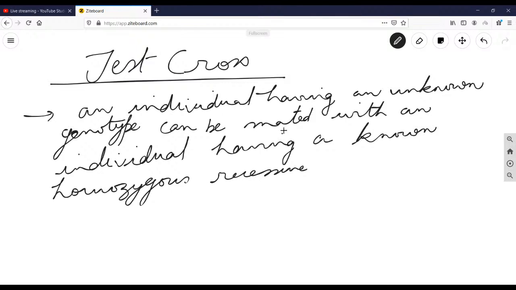That is why a test cross is done, in order to find out the unknown genotype. So, testing for unknown dominant phenotype, you can test it very easily.